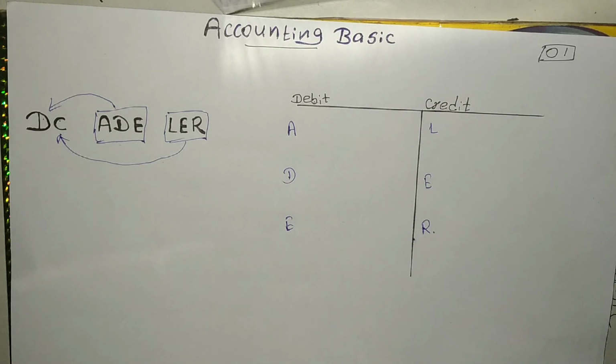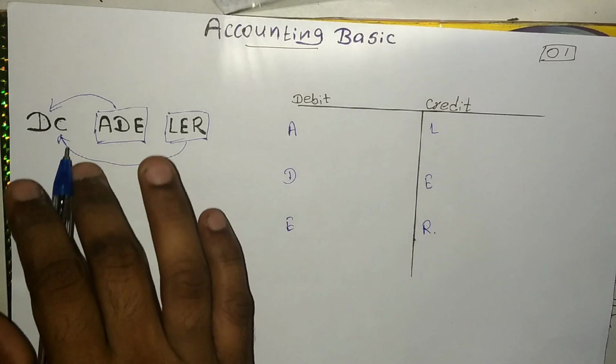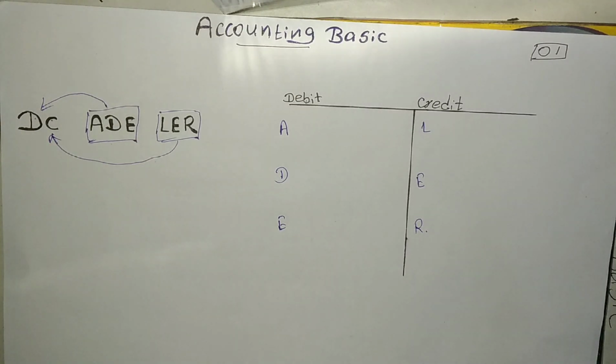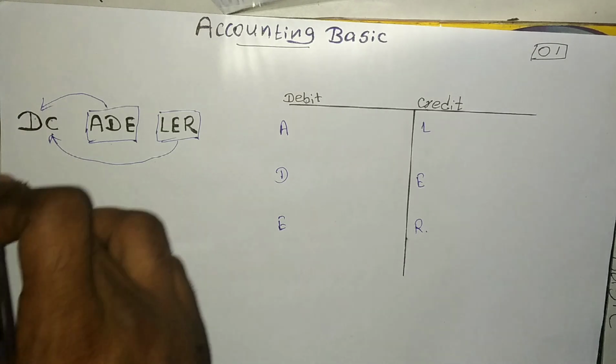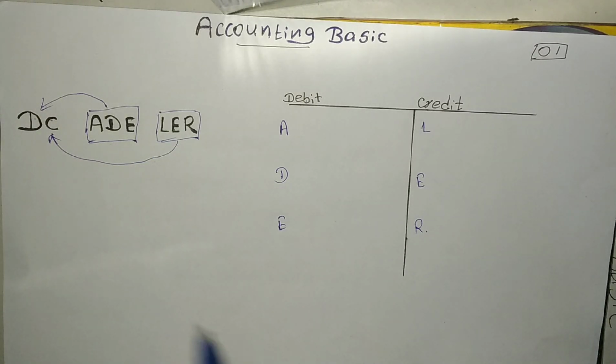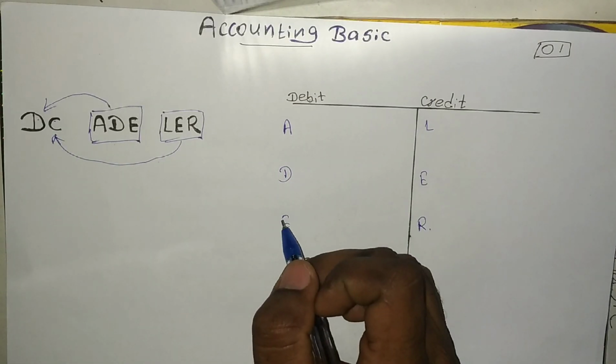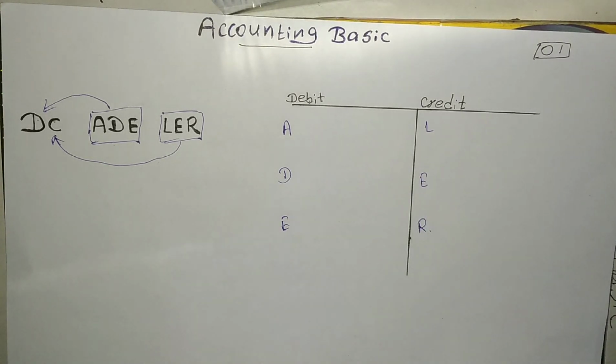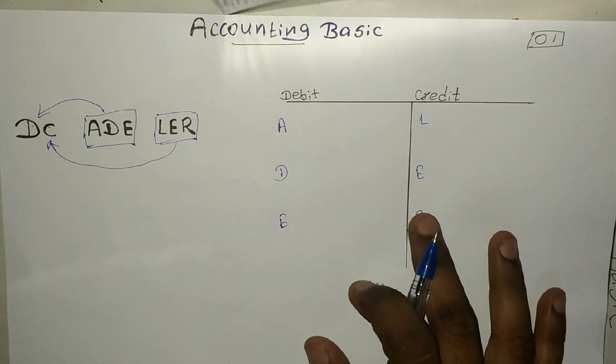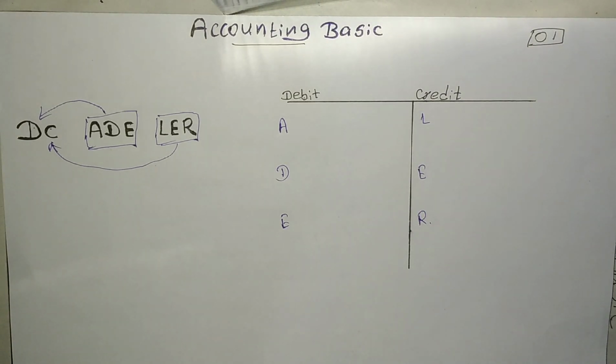And D is draw, which is owner's equity. Sometimes owners take funds out of the business. Owners' dividend distribution is represented as draw, the owner's distributions. And E is expenses.